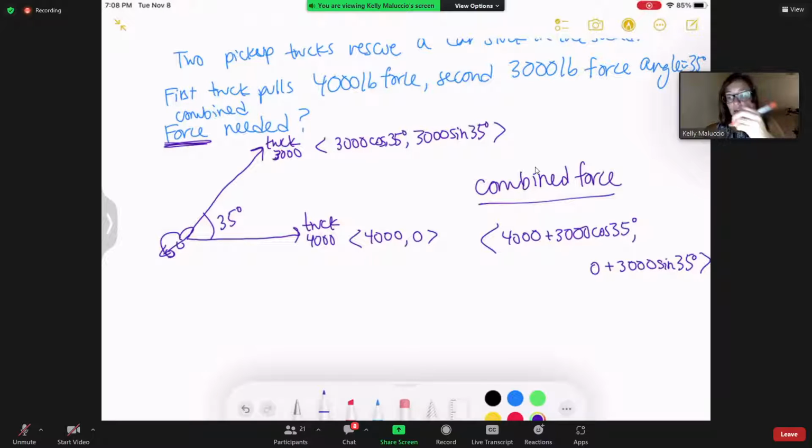So this is the combined force, but in order to get how much force the combined pull generates... Okay, so maybe I wrote this question wrong. It's how much force does the combined pull of trucks generate?